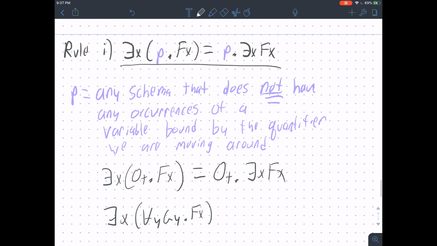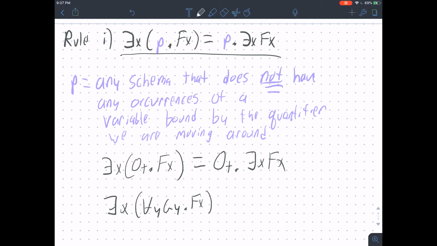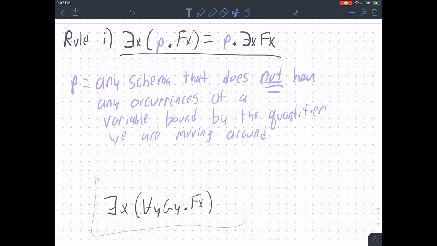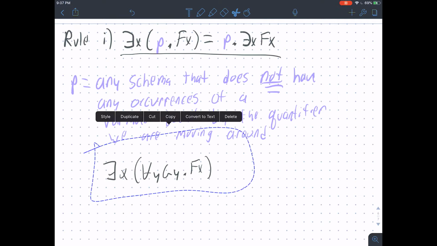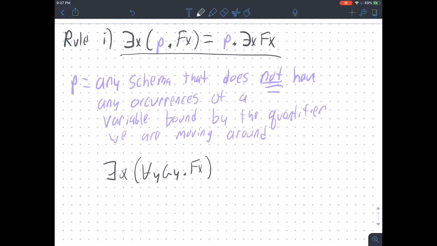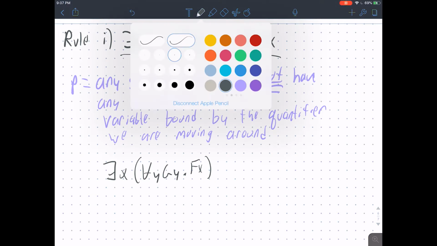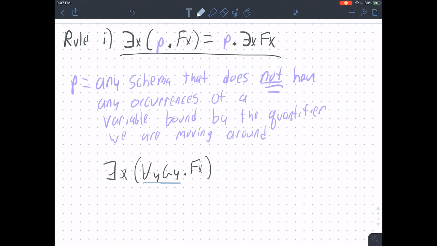Right, so if we look at this, let me just erase the old one, bring this one up. So if we look at this schema that I just wrote, the universally quantified expression inside of it satisfies the condition to count as a P here in the rules, right? Because we are moving the existential quantifier around, and the existential quantifier binds x's.